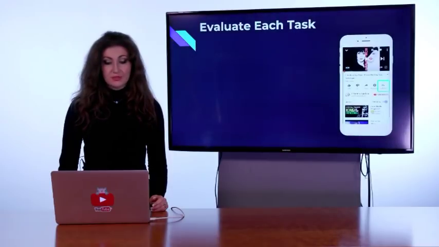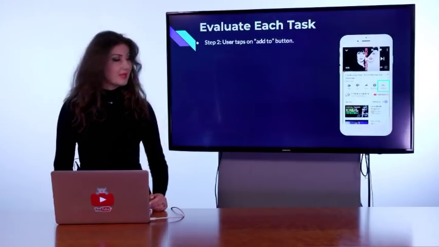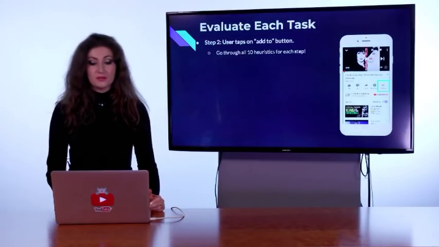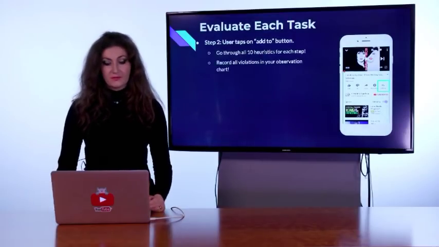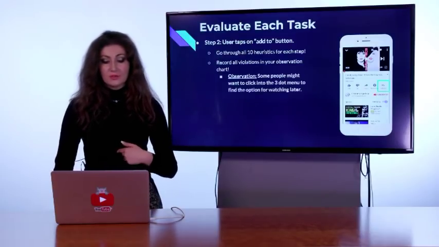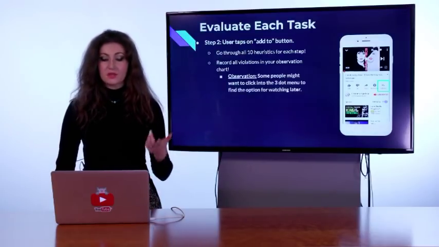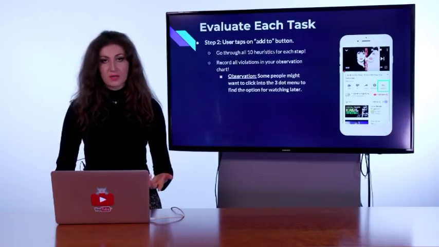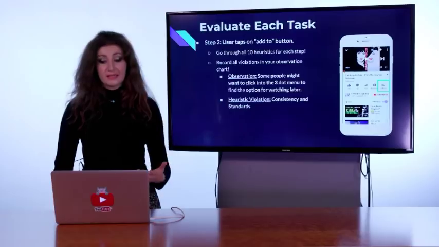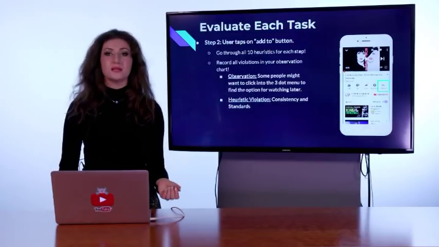So step 2 was that the user would tap on the Add To button. Again, you would go through all 10 heuristics for that step and record the violations in your observation chart. So one observation that I made was that some people actually want to click into the 3-dot menu to find the option for Watch Later instead of clicking on Add To. The violation here is with consistency and standards.